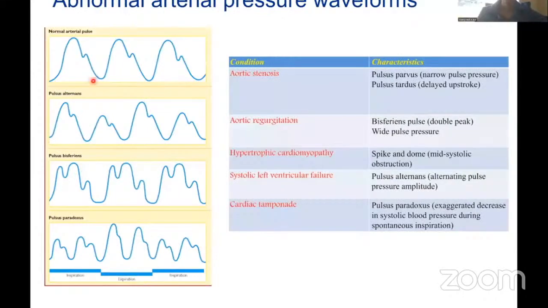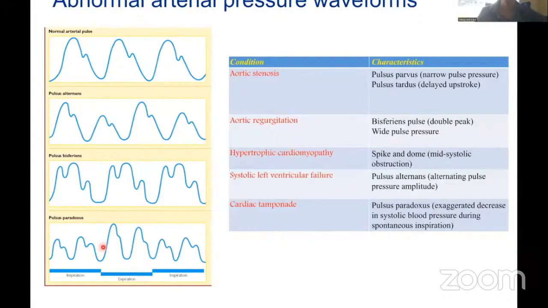These are the abnormal waveforms. Pulsus alternans is the alternating amplitude of the arterial pulse. It's commonly seen in heart failure due to left ventricular systolic dysfunction. Pulsus bisferiens is characterized by two systolic peaks of the aortic pulse during left ventricular ejection, and it indicates aortic regurgitation.